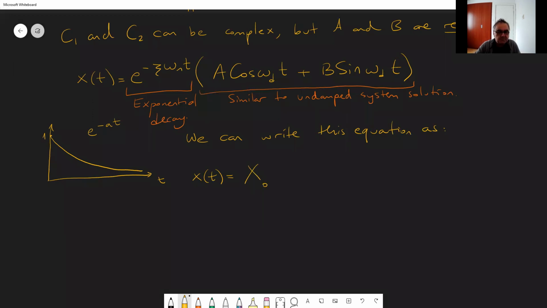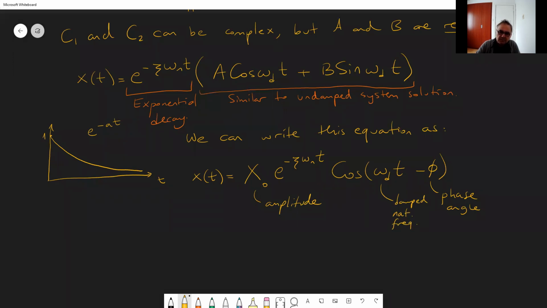X0 is the amplitude, then there is an exponential decay, phi is the phase angle, and omega d is the damped natural frequency. Zeta is the damping ratio, etc.